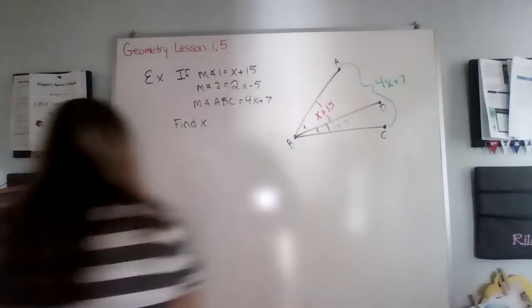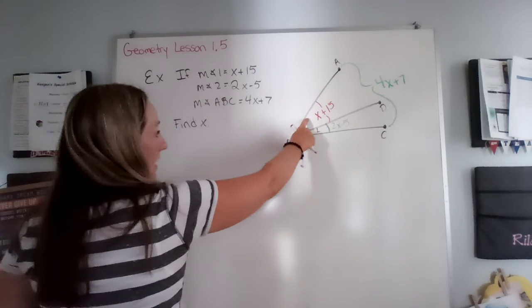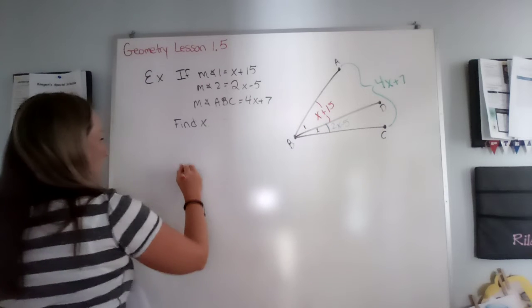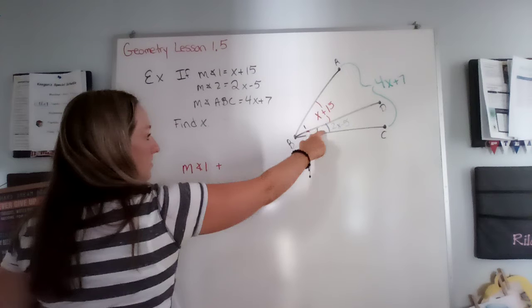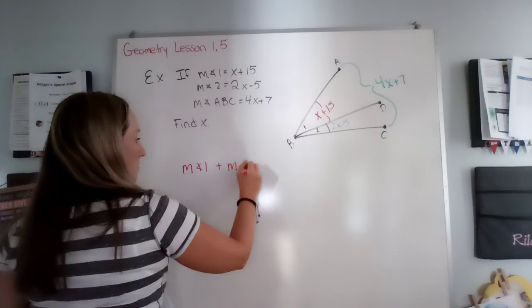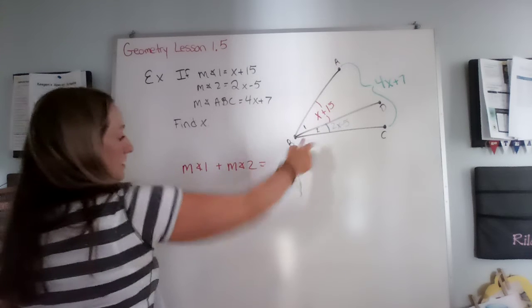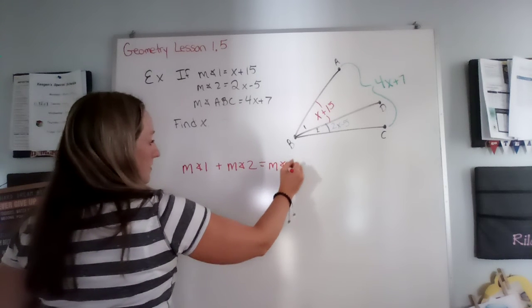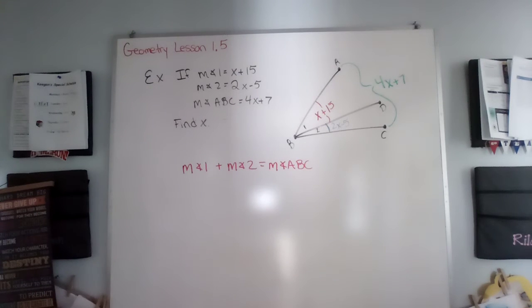Okay, so you first want to think about the angle addition postulate. The angle addition postulate says that the measurement of angle 1 plus the measurement of angle 2 equals the whole angle, which is ABC. So it really just becomes substitution and then an algebra problem.